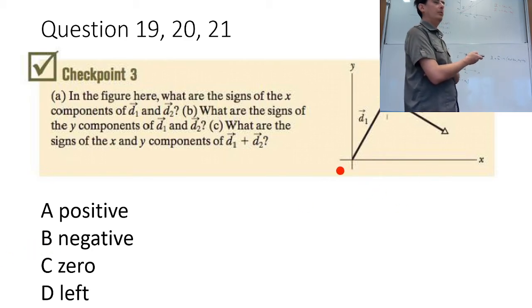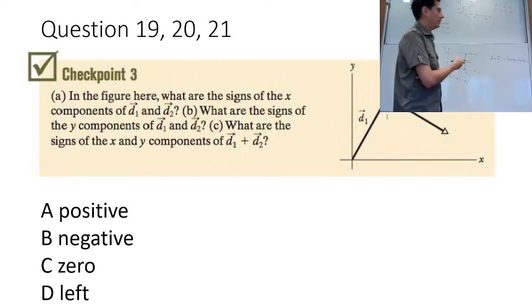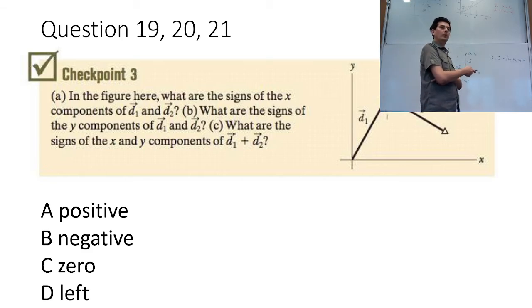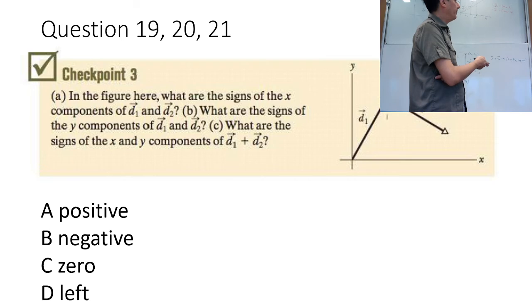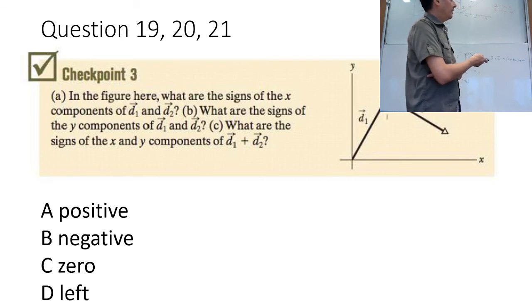Even easier, just look at the graph. Obviously, it's positive in the x direction. What are the signs of the y components of d1 and d2? I think I saw some of you mouth positive, which is correct. So again, this is the resulting vector here. It's positive.